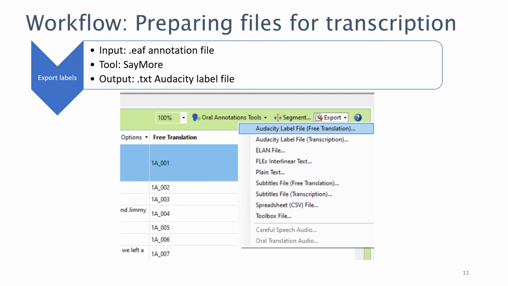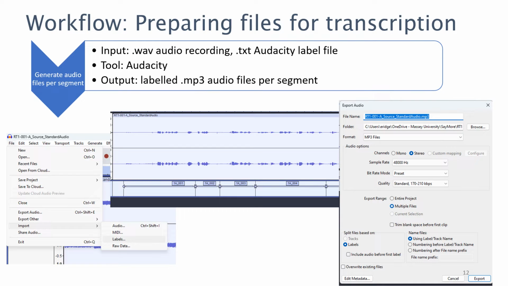And then heading back to open that annotation file in Seymour again, you can now export that tier with your codes and labels as an Audacity label file. And then moving into Audacity, we can import the original audio recording, usually a .wav file, and your .text Audacity label file, and export using the multiple files option to get labeled MP3 audio files for each segment.